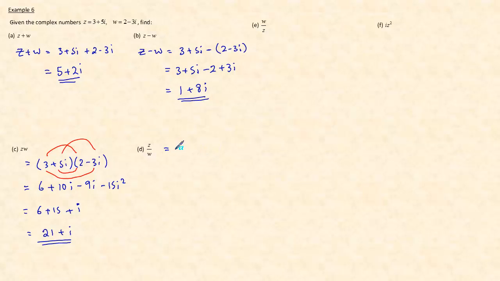Now for z divided by w, we have 3 plus 5i over 2 minus 3i. Now we're going to do a process called realizing the denominator. And what we do is we multiply top and bottom by the conjugate of the denominator here.